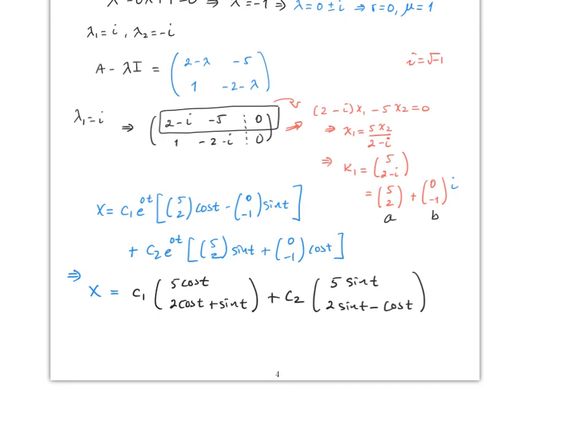And that's it. Now if you have initial conditions, you can plug them in here to figure out the values for c1 and c2. Otherwise, this is it.